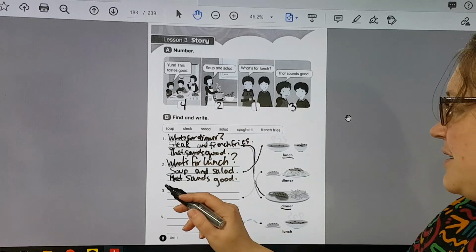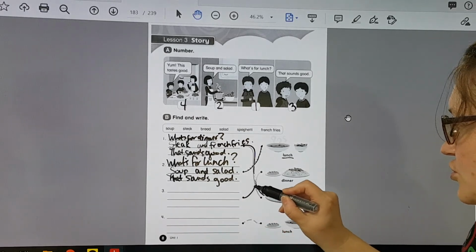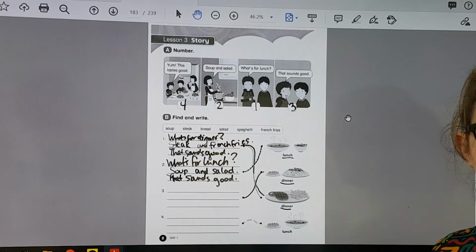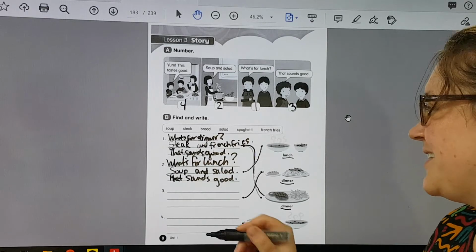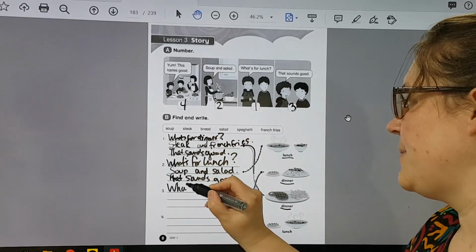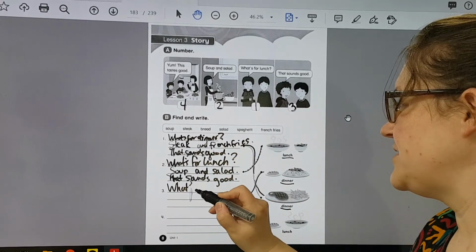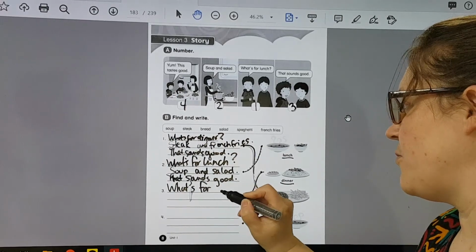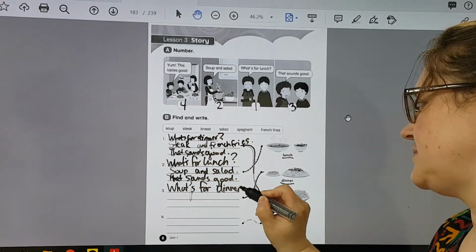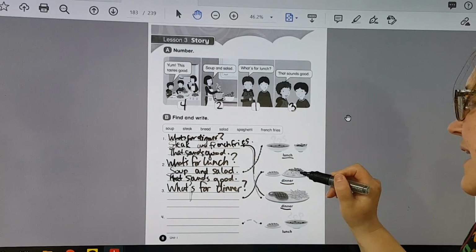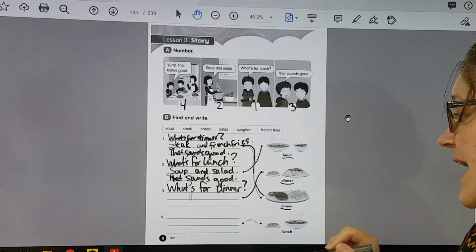Number 3. Here we are, number 3. Let's follow the line. And it's for dinner. All right, so what's our question? What's for dinner? Very good. Capital W, apostrophe S. What's for dinner? This is bread. So we have spaghetti and bread.